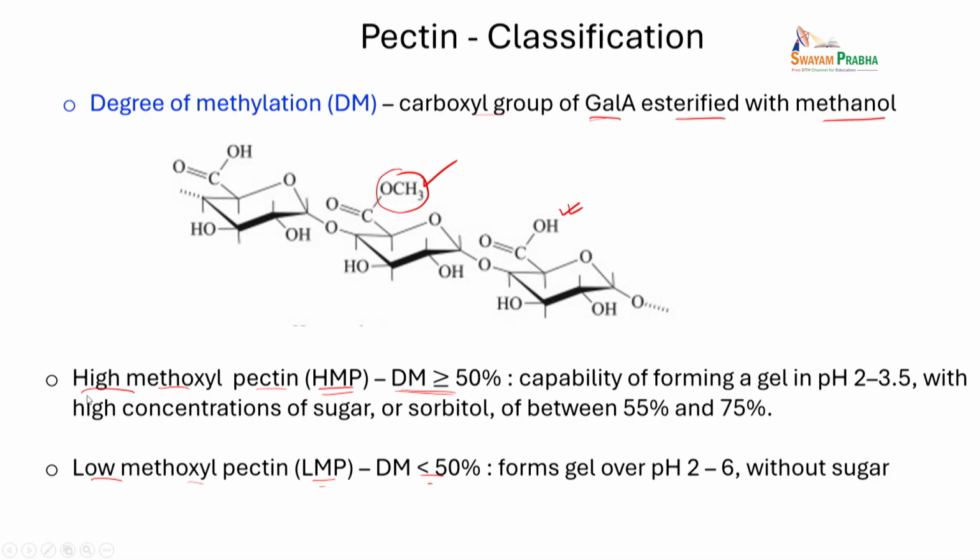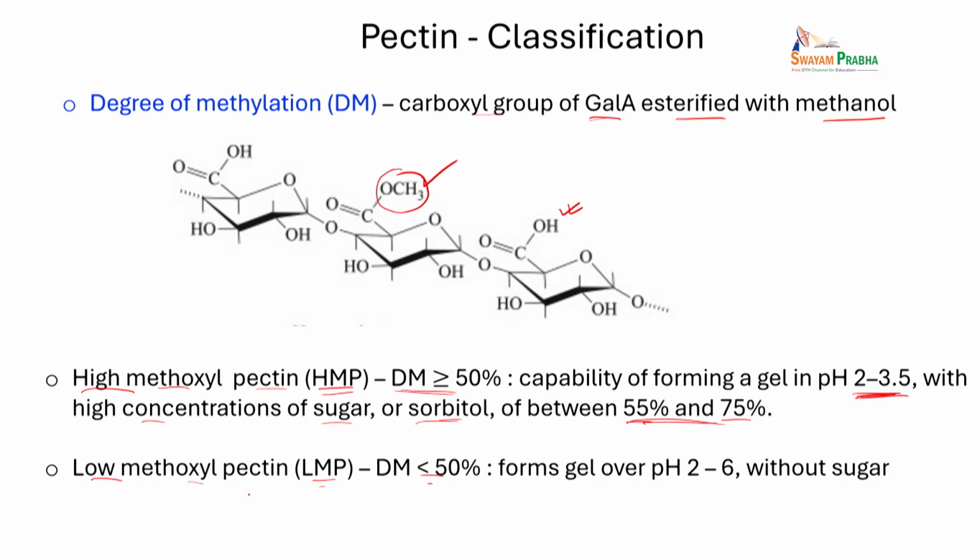For example, high methoxyl pectin is capable of forming gels in the pH range 2 to 3.5 with a high concentration, 55 to 70%, of additional sugars or plasticizers like sorbitol. So you can make a gel with high methoxyl pectin in the acidic range, with the addition of sugar molecules at a very high percentage.